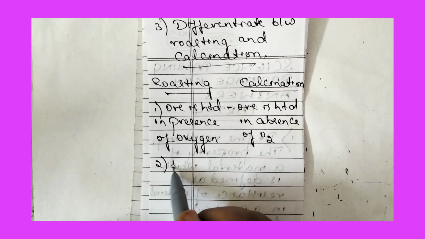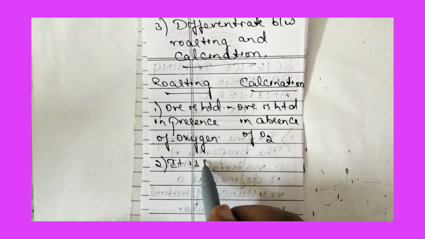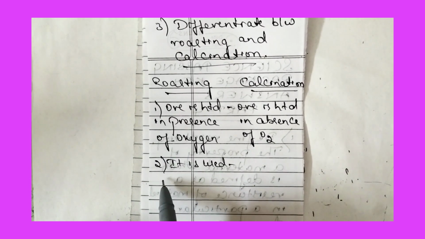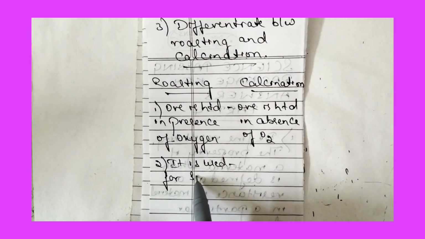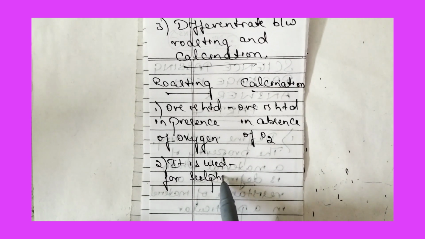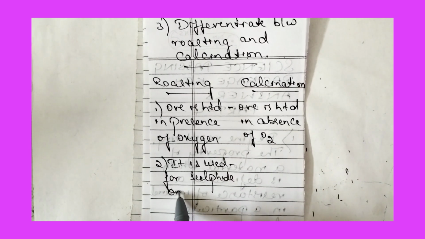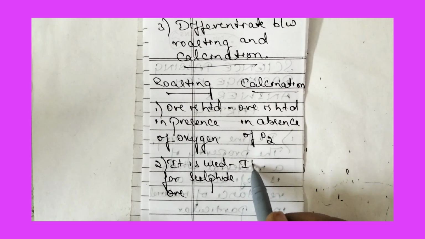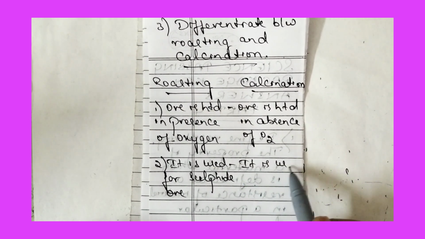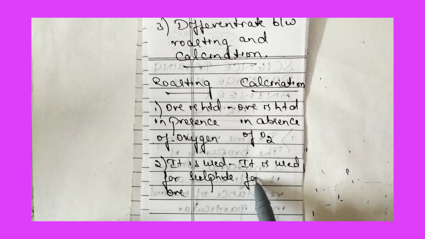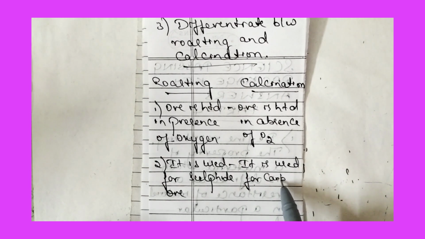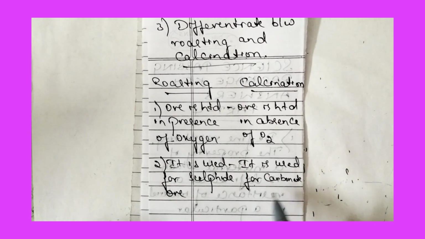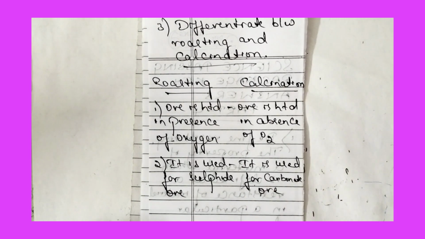Then the second difference: roasting is used for sulfide ore. Calcination is used for carbonate ore.